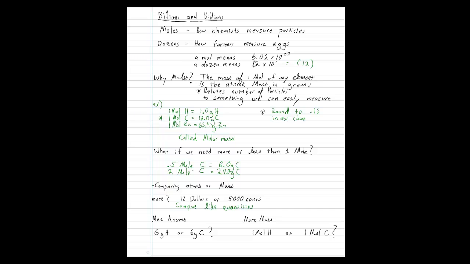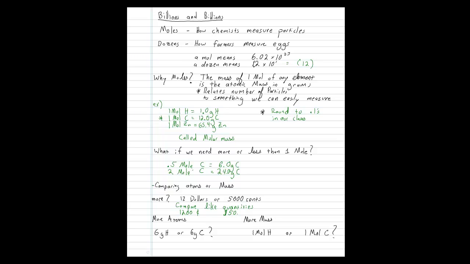We can either say $12 is 1,200 cents, or I can say 5,000 cents is $50. And we can easily see if we compare like quantities, you compare $12 to $50, obviously $50 is more, or you can compare 5,000 cents to 1,200 cents, and it's the same.